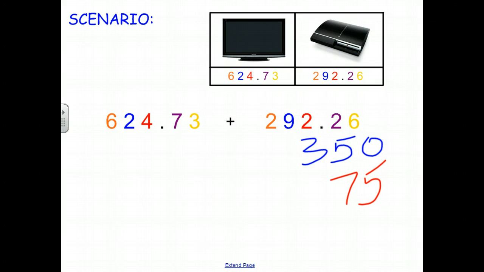Because when we're talking about whole numbers, the farthest right-hand column is the ones. We have to represent something in the ones column every time we talk about whole numbers. It may be a 0 like it is here in 350, but we have to represent the one column somehow.